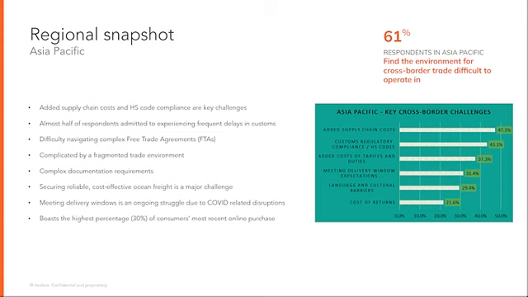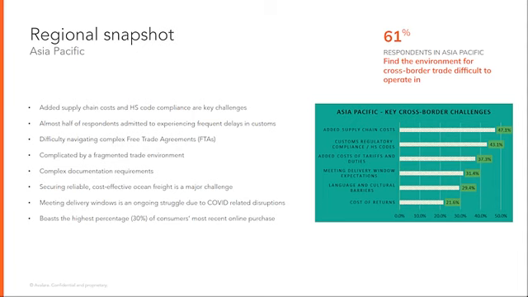If we look at some of the key stats that we can pull out of Asia, the highest being 47% found that one of the biggest challenges was added supply chain costs. I think that's something that we're going to see a lot. Things have gone up in cost around the world, so it's not just region specific. A very big number on customs regulatory compliance, HS codes as an example.